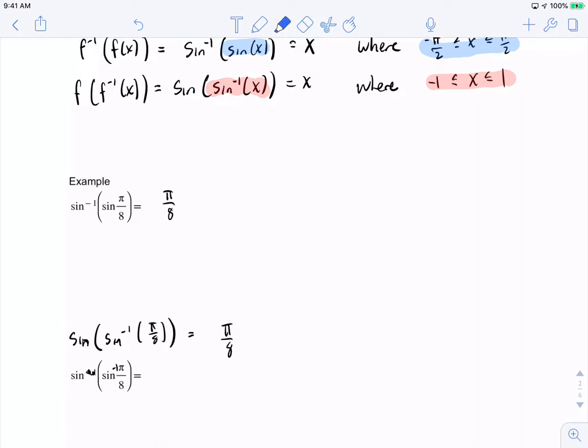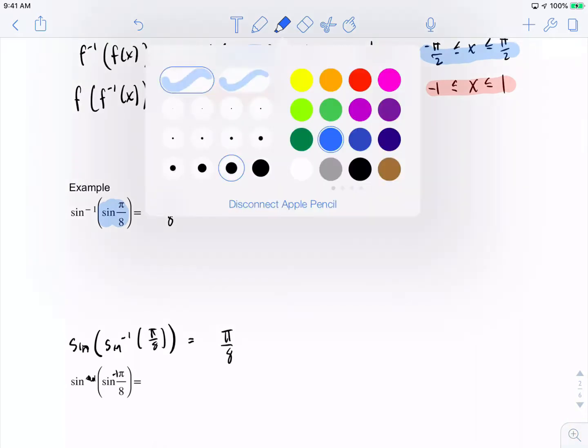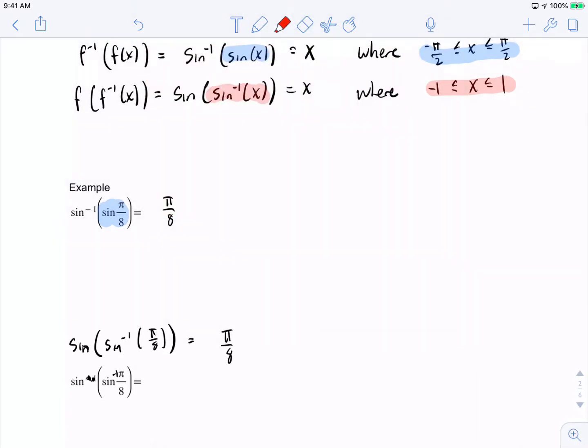So I'll highlight it so you guys can see. Since sine is on the inside, I'm going to use the blue. And since sine inverse is on the inside, my restriction is the red or pink color for the pi over 8.